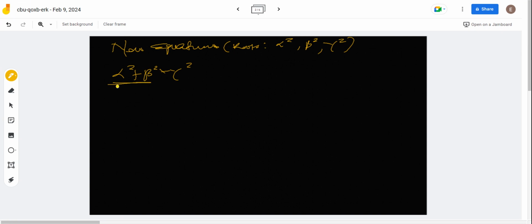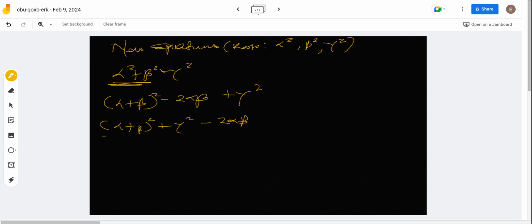First, let's pick these two. Using the identity for the sum of two squares, alpha squared plus beta squared becomes alpha plus beta all squared minus 2 alpha beta, then plus gamma squared. Let's bring our gamma squared close to this one: alpha plus beta all squared plus gamma squared minus 2 alpha beta.